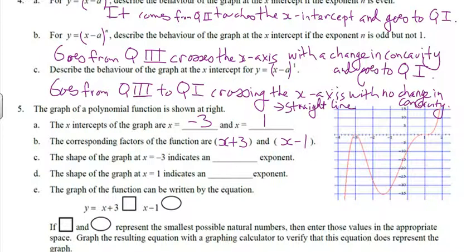The shape of the graph at x equals negative 3 indicates an even exponent. The shape of the graph at x equals 1 indicates an odd exponent.